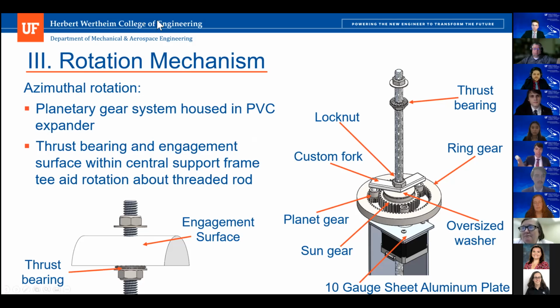The PVC essentially comes down around the threaded rod, but the support frame rests at the very top on that thrust bearing. Okay, so is that a metal on plastic contact there? Yeah, it's a plastic fender washer, thrust bearing, and then a lock nut.